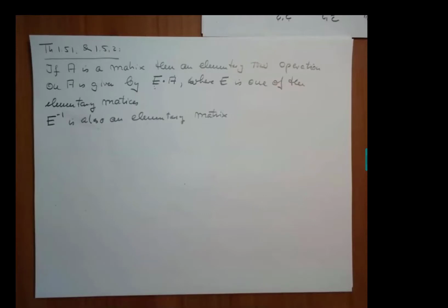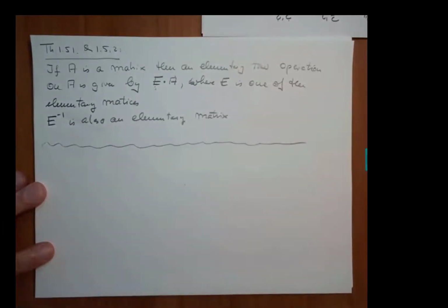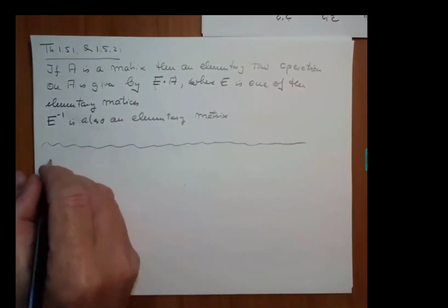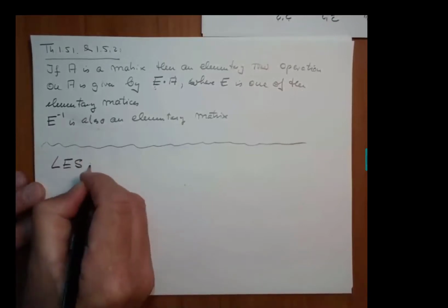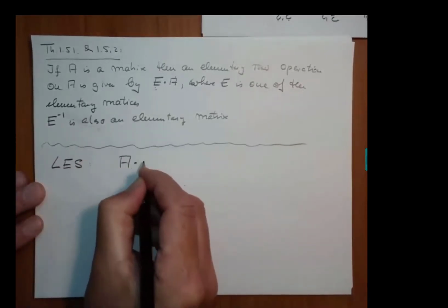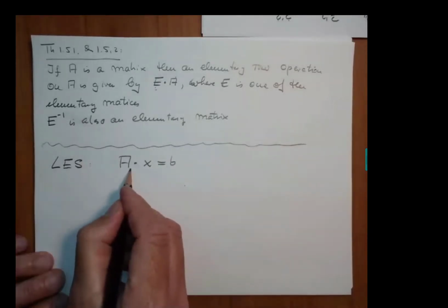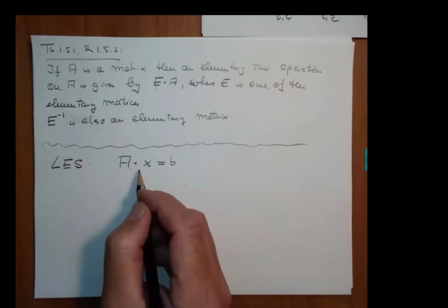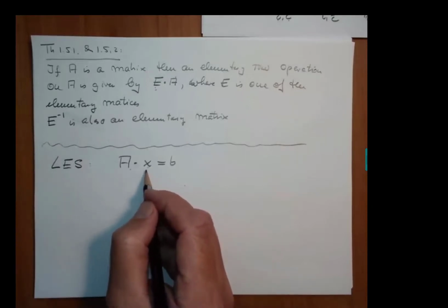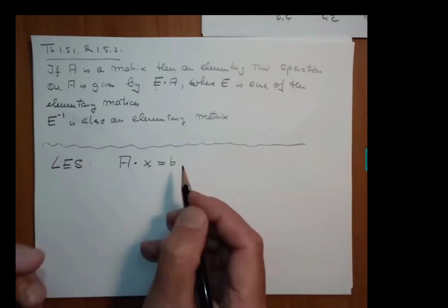Okay. And now is the time to put everything together. So we start with a linear equation system. We know we can write it as A times X equal to B. A is your coefficient matrix. X is the vector of your variables x1 to xn. And B is your right-hand side vector, the constants in your equation.